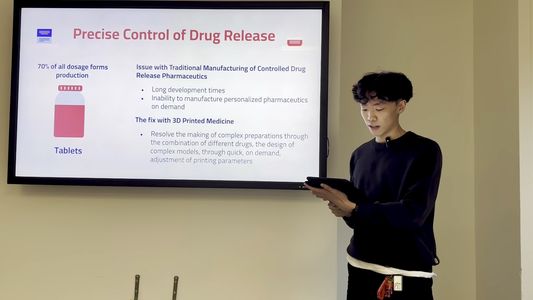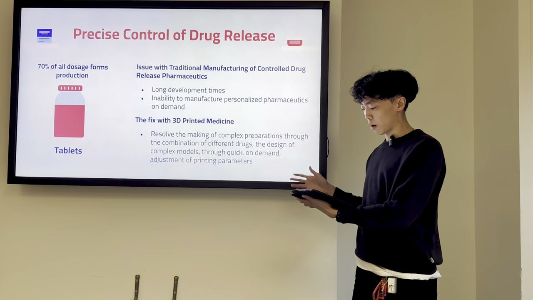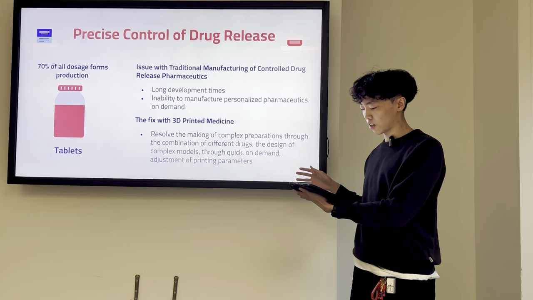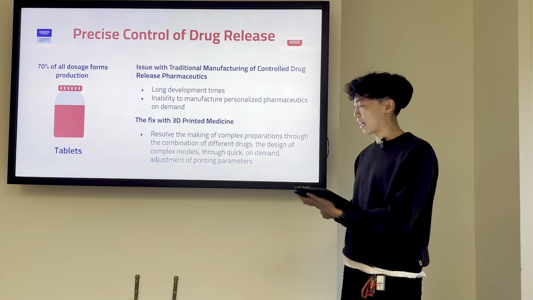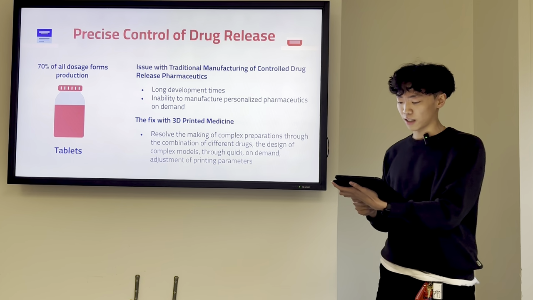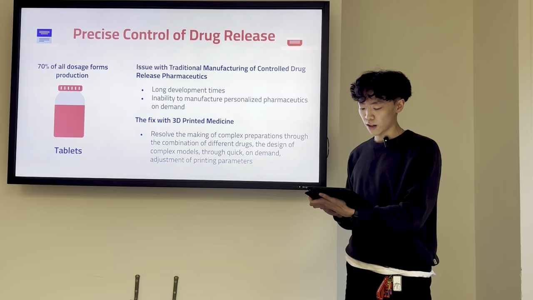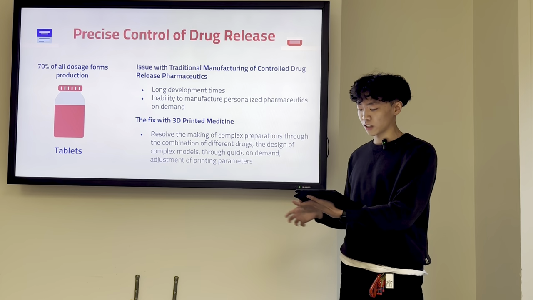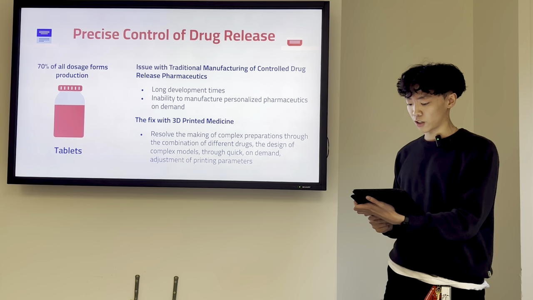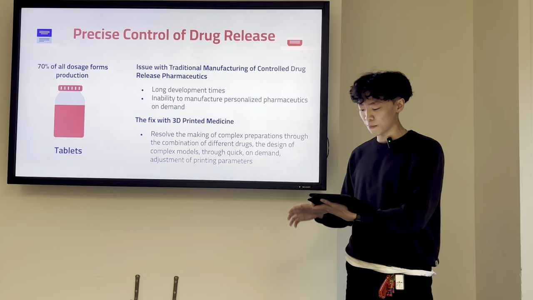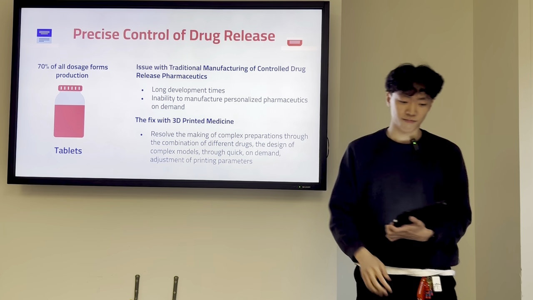The fix with 3D printed medicine is that it overcomes these challenges by enabling the precise combination of multiple drugs, the creation of complex designs, and quick adjustments of the printing parameters. This allows for a faster, more efficient production of customized drug release, improving treatment precision and patient outcomes.